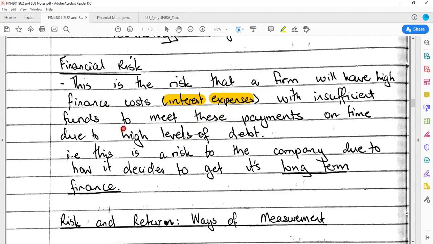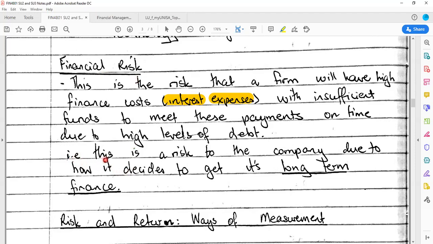So in other words, if a company has borrowed a lot, they have to pay a lot of finance costs and interest expenses. When the fixed interest expense becomes too high for them to pay due to low revenue or low operating profit, we say that the company is exposed to financial risk.